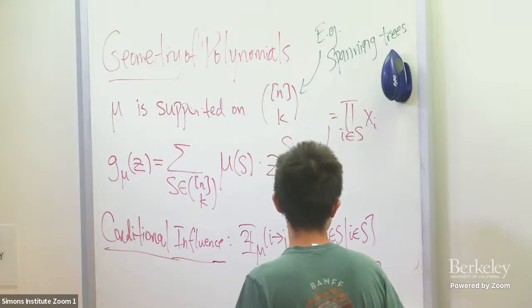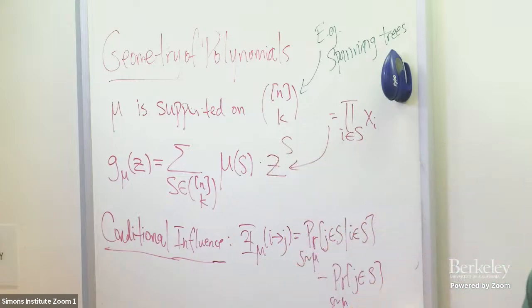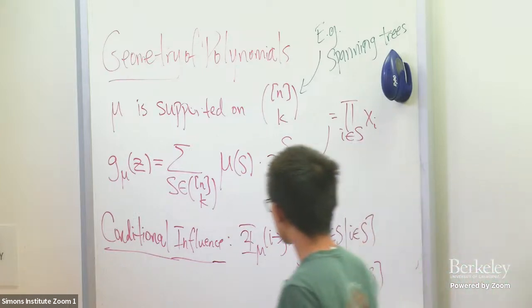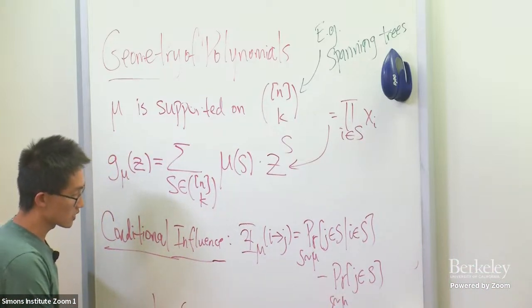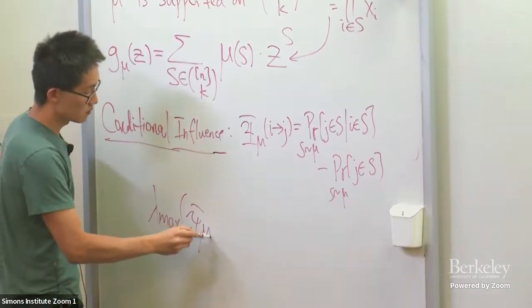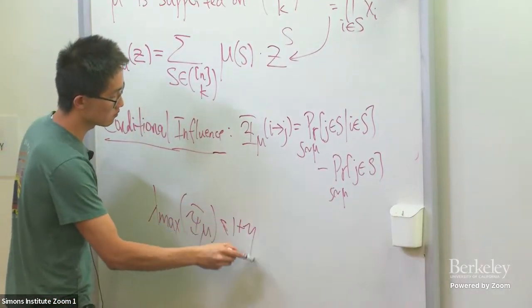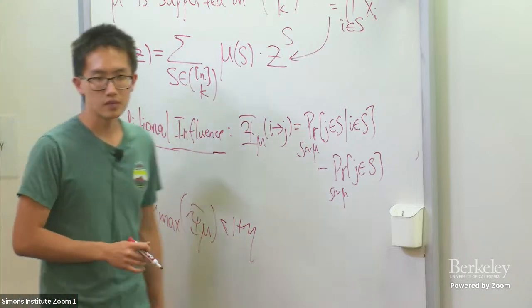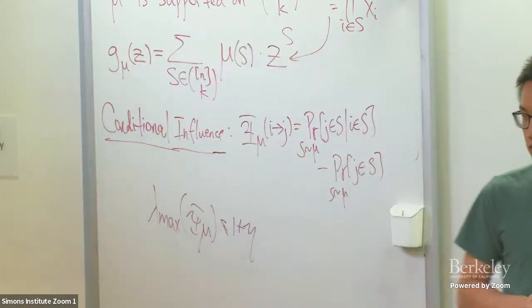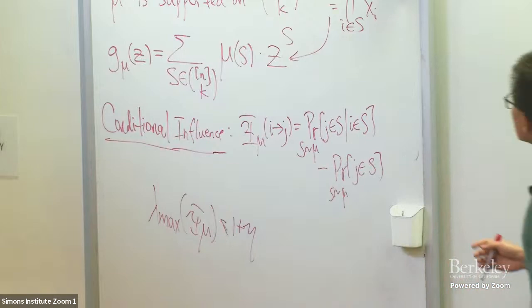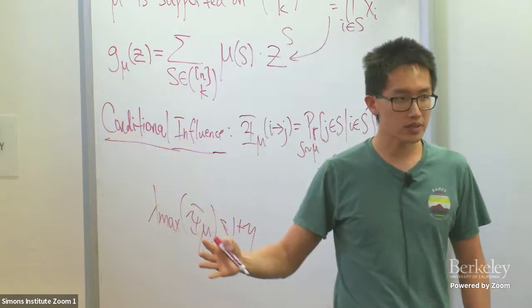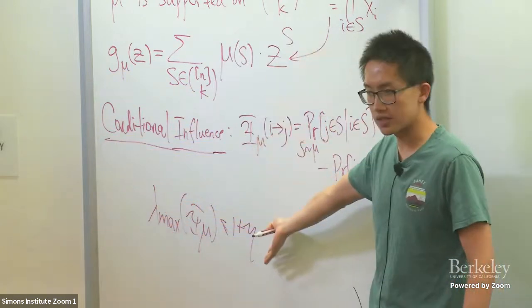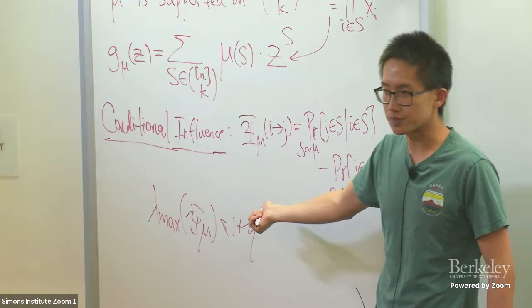Notice things have changed slightly, where I no longer condition on i being not in the set, but it's essentially the same quantity. Spectral independence just says that the largest eigenvalue of this matrix is bounded, and then all of the mixing results go through. So the main thing is I want to use analytic or algebraic properties of this multivariate polynomial to say something nice about the correlation structure of my distribution.